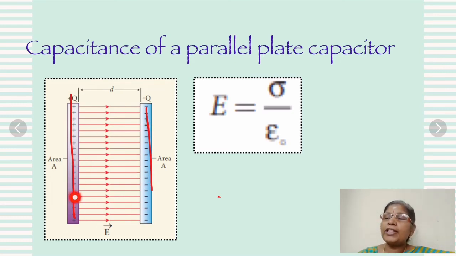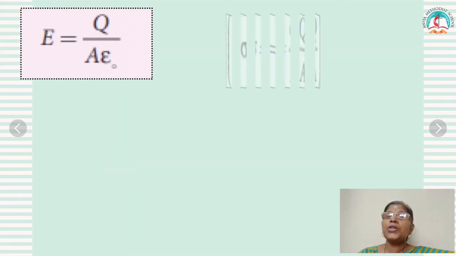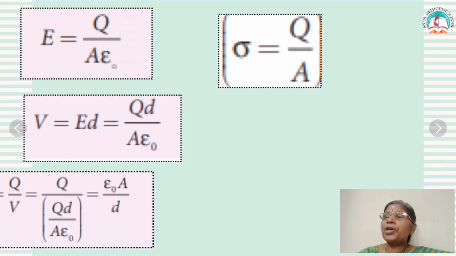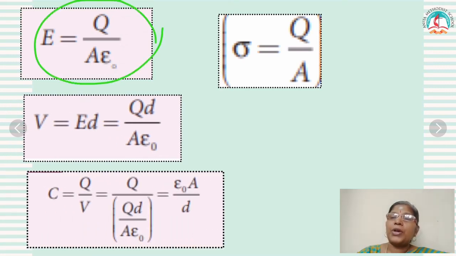Now, for two parallel sheets, the electric field value is equal to sigma by epsilon 0. What is sigma? Sigma is the surface charge density. The value of sigma is equal to Q by A. Okay. So, substituting the value of sigma in the equation, I will get E equal to Q divided by A epsilon 0.